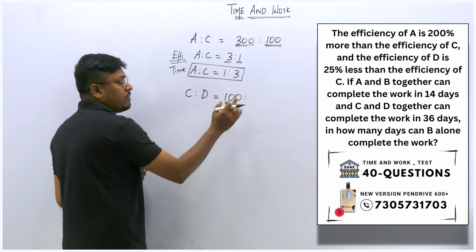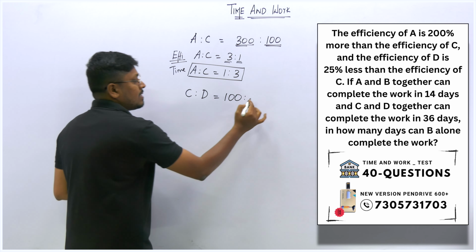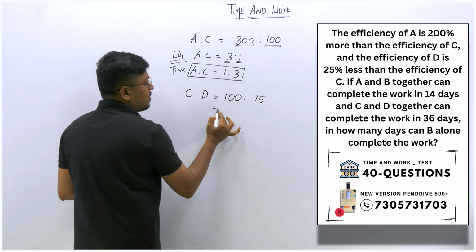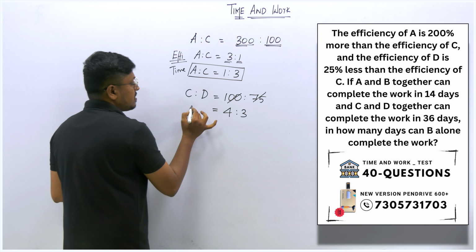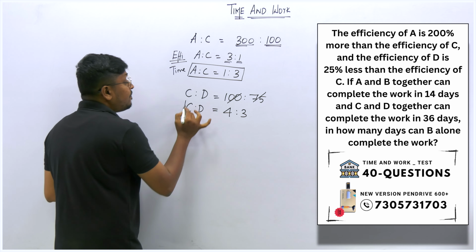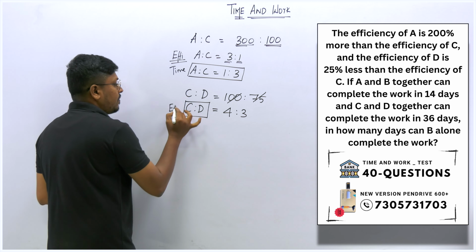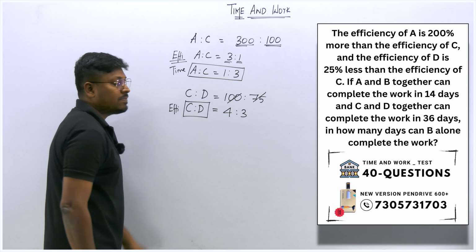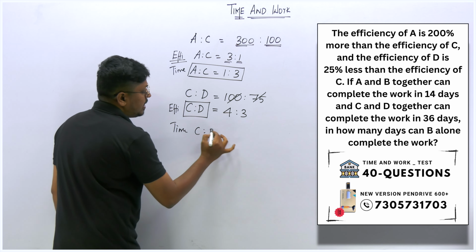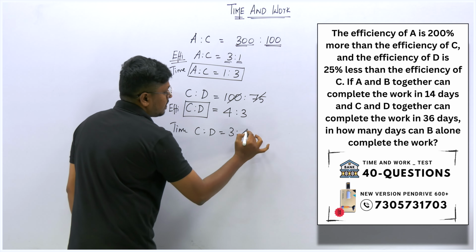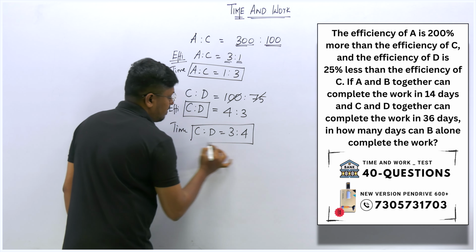Out of 100, if you subtract 25, the result will be 75. When you cancel this by the 25 table, this will be 4 and this will be 3. So the C to D efficiency ratio is 4:3. So the time taken ratio of C to D will be 3:4.